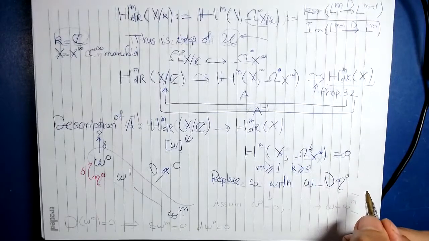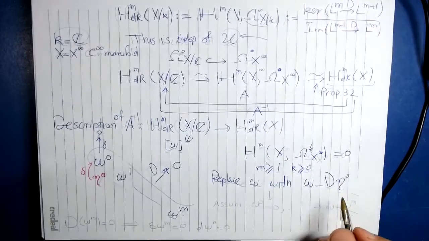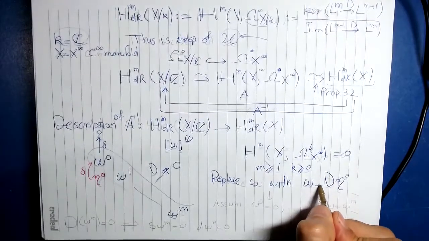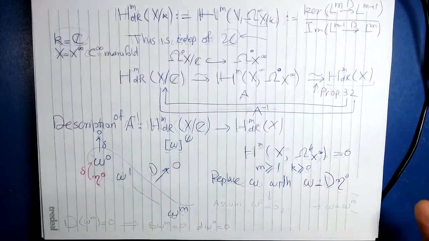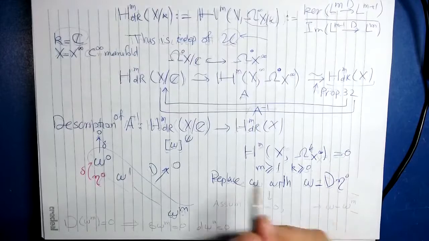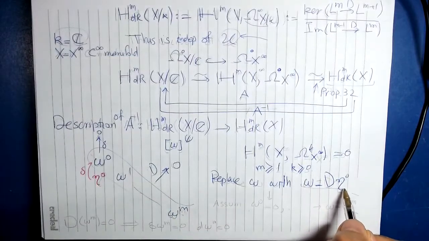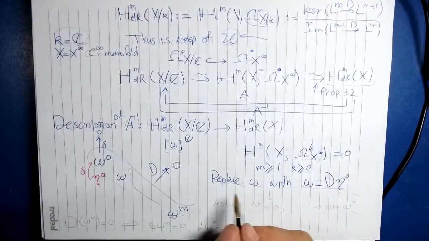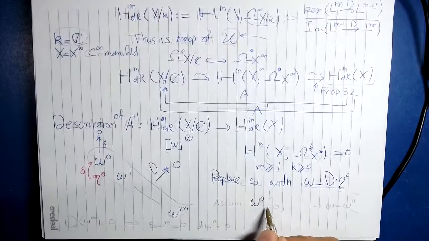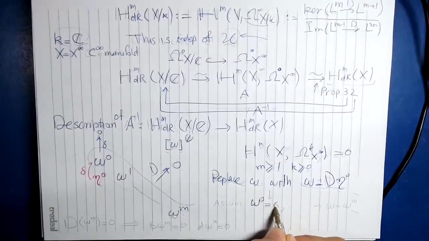In the forthcoming discussions, I will ignore some sign problem. It might be minus or plus. One has to write down explicitly. But when you do this, I will still have the same representative in hypercohomology, but omega 0 will turn out to be 0.